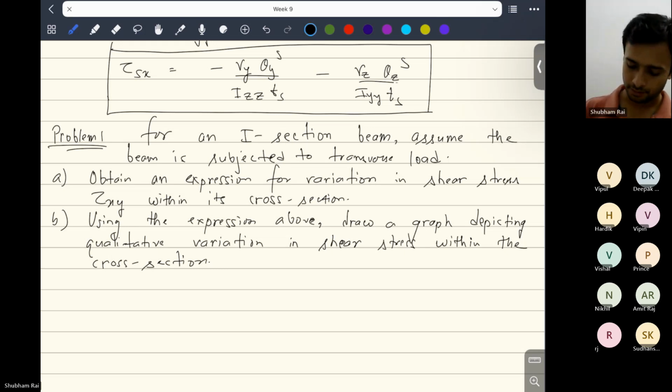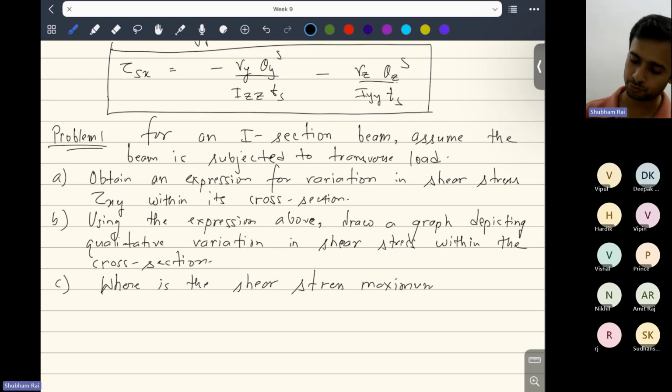Okay. In part C, we will find where this shear stress is maximum.